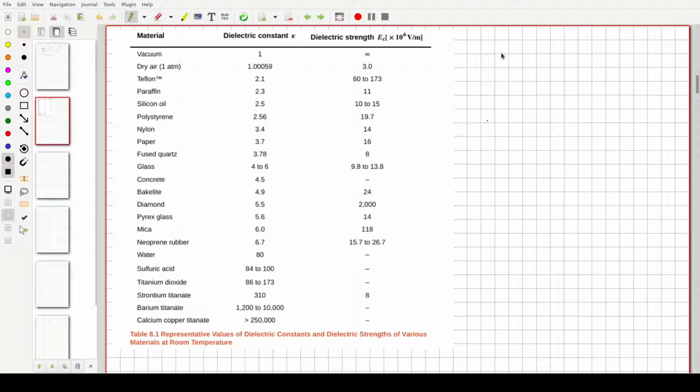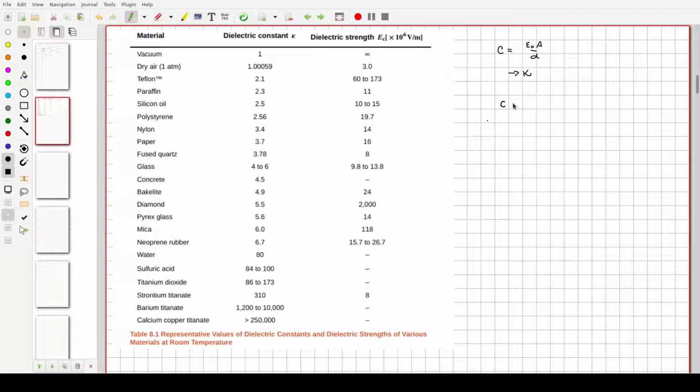Basically, what we do is we take our capacitance whenever we have a dielectric present. Like, for example, remember the capacitance for parallel plate capacitors looks something like epsilon naught A over D. And what we do is we just insert a kappa in front.